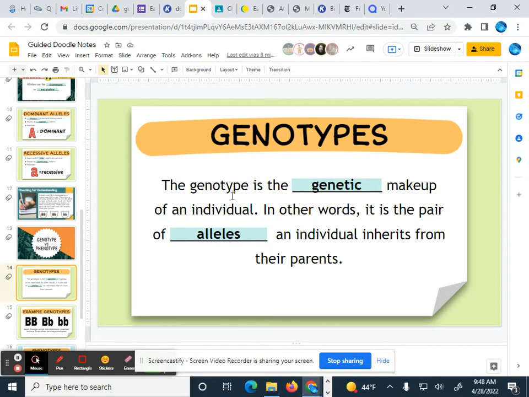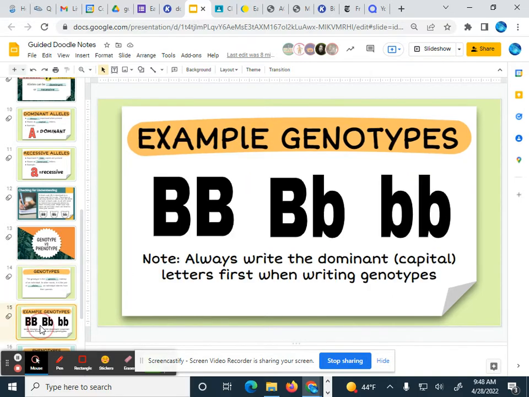And why is that important? Well, as we said, genotype is a genetic makeup, which means it's the pair of alleles. And that's important because you can have different genotypes but have the same phenotype. Remember, you only need one dominant allele to express a dominant trait, but you can have two.